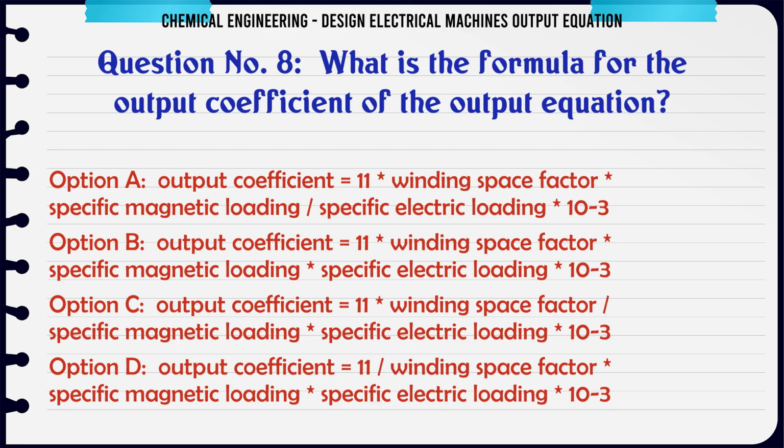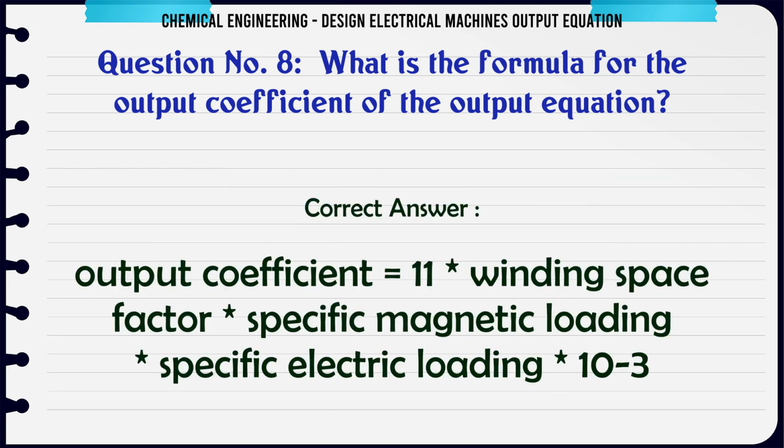B, C and D give variations of the formula. The correct answer is output coefficient = 11 × winding space factor × specific magnetic loading × specific electric loading × 10^-3.